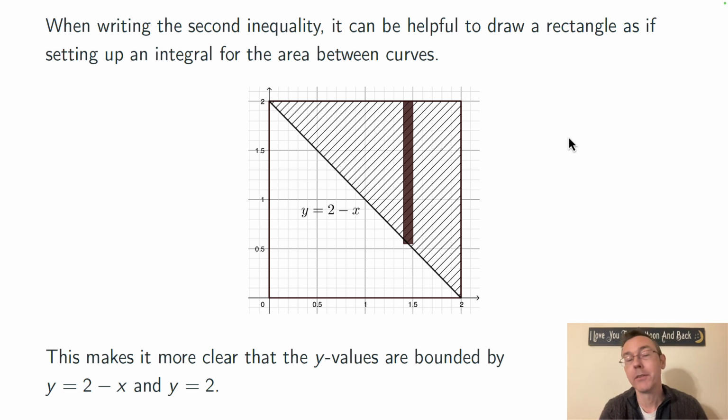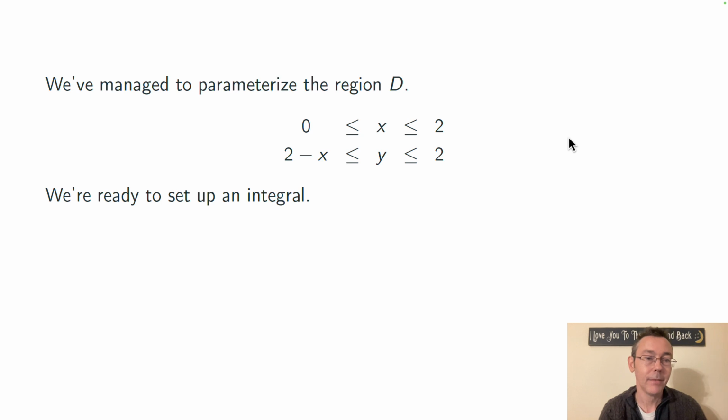Here, the top curve is y = 2, the bottom curve is y = 2 - x. And so the region is defined by the inequality 2 - x < y < 2. Okay, so overall we have these 2 inequalities that define the region, also x being between 0 and 2.